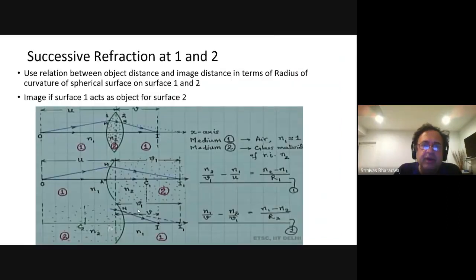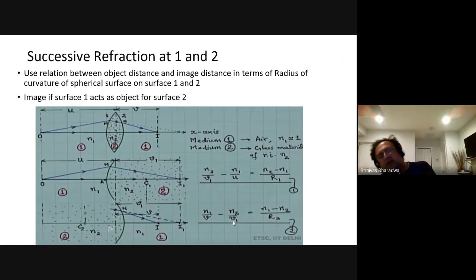Now you apply this n2 by v minus n1 by u equals n2 minus n1 by R twice, and you are interested in v1 and v2. It goes from n1 to n2 and then back to n1. The light starts in air, goes into glass, and then exits back into air.